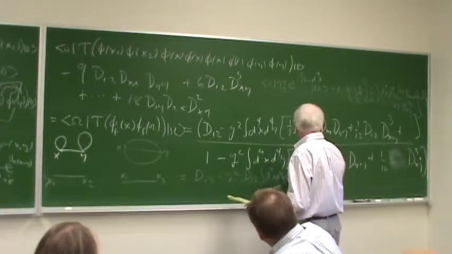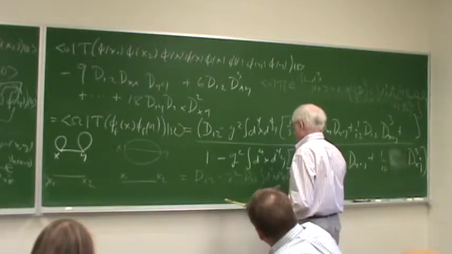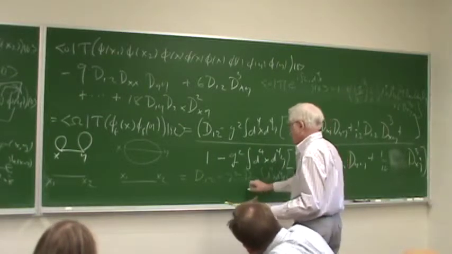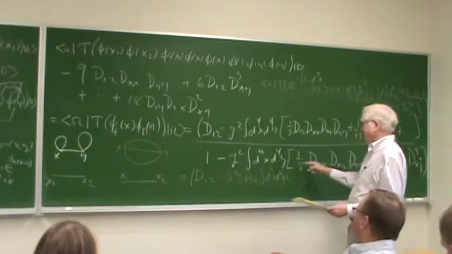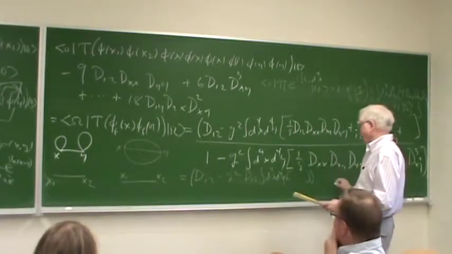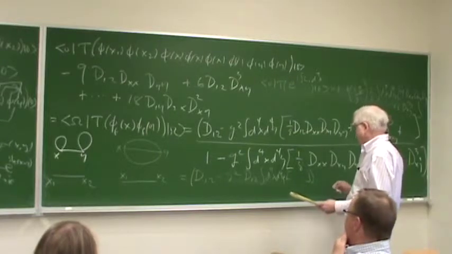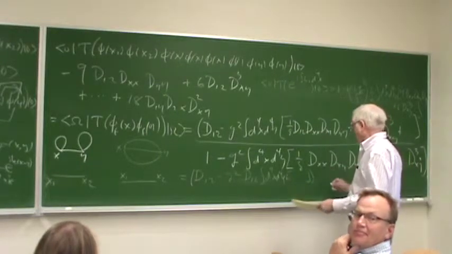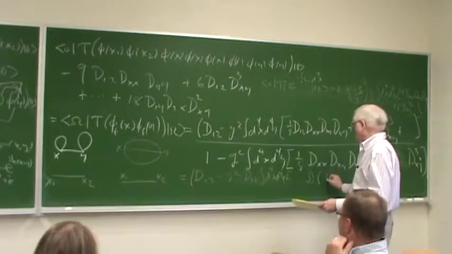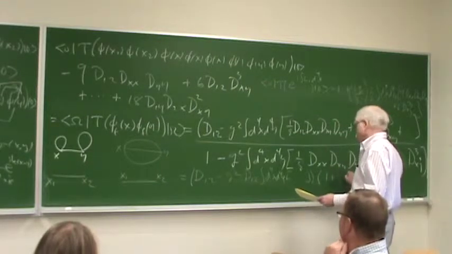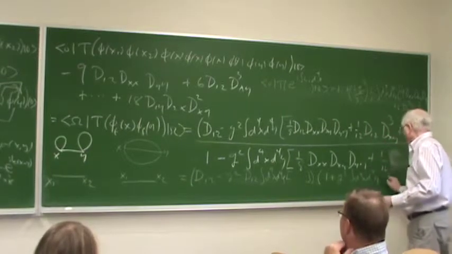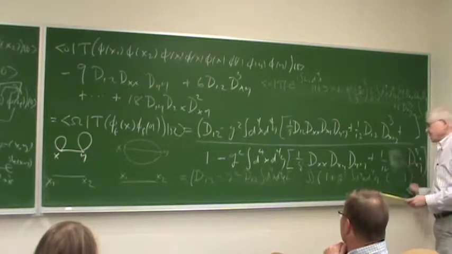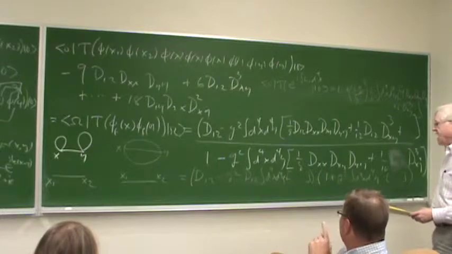And I'll just write that as square bracket, and I'm factoring out the D12. And now that's divided by 1 minus g squared times the square bracket. Well, if we bring it up, it is 1 plus g squared integral d4 x d4 y times the square bracket.